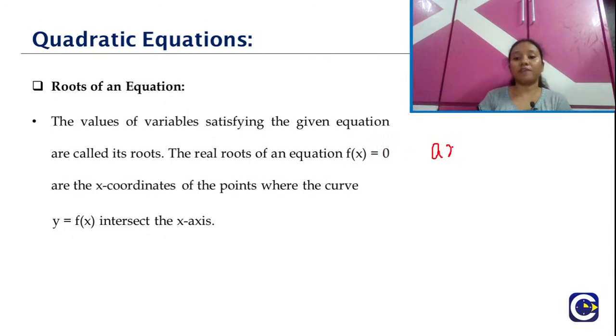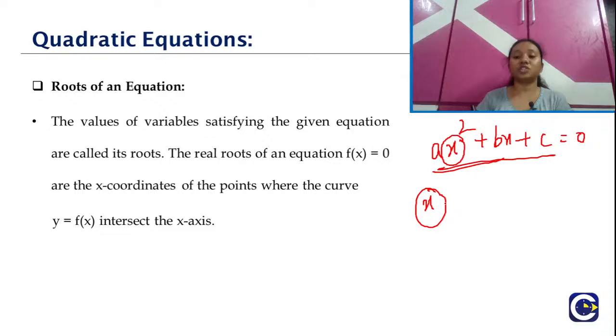If I have ax square plus bx plus c equal to 0, the solution of this equation is the values of this x variable which satisfy this given quadratic equation. Those values are called roots, we can say zeros, we can say solution, right? So how do we actually get that? By taking f of x equal to 0, right?